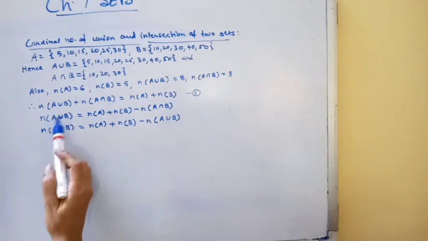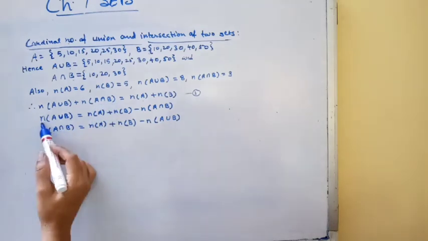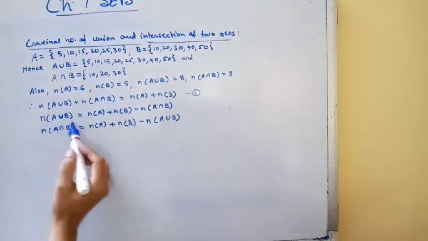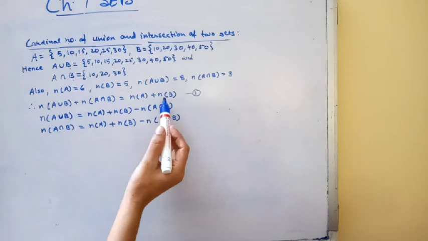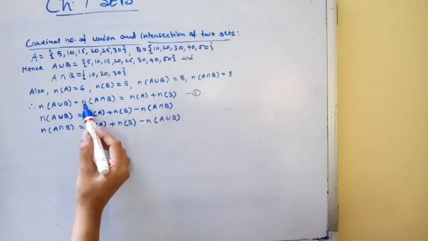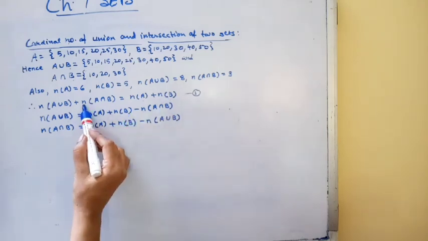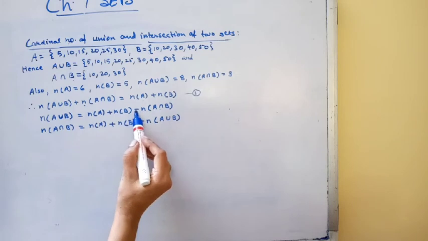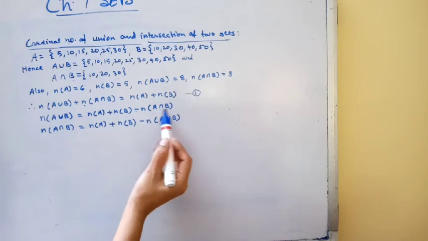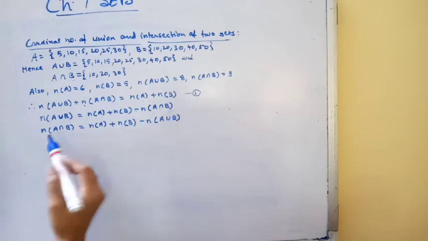Then from this equation we get the cardinal number of A union B equals the cardinal number of A plus the cardinal number of B. We take this set here, then we write here minus the cardinal number of A intersection B.